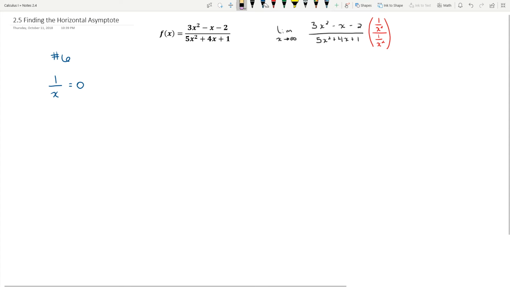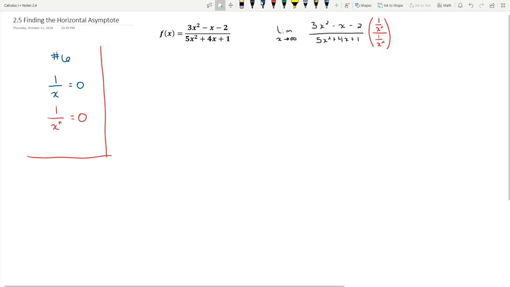Further, our rule 6 stated that even if we had 1 over x to any exponent, it would still approach 0. So we're going to use that rule: any term with a constant over the variable x, or x raised to a power, we know from our rule number 6 is going to be equal to 0.